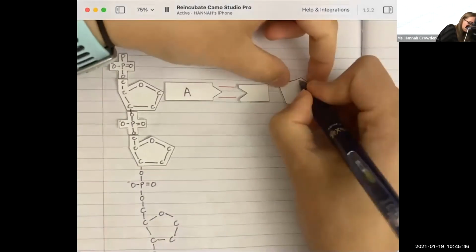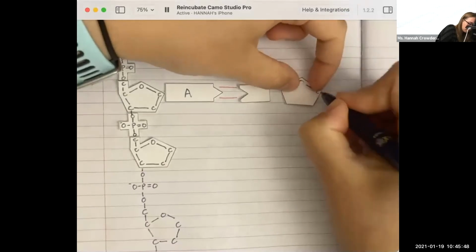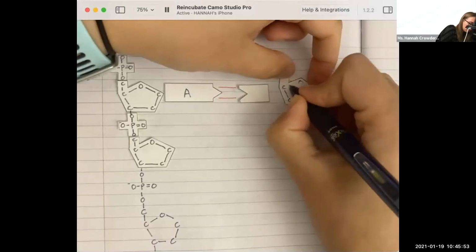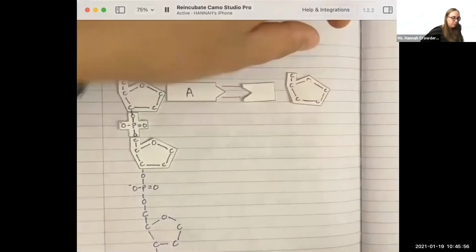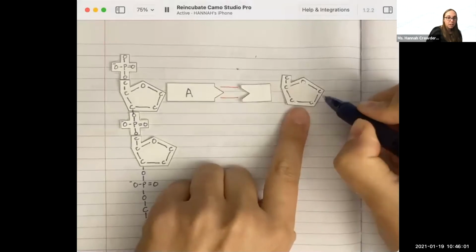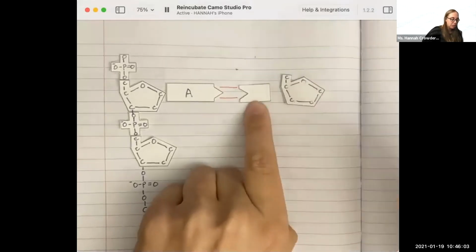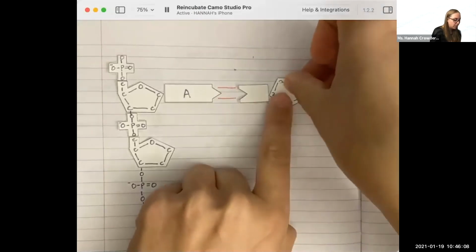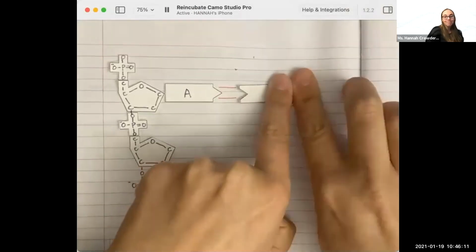So I've got oxygen, 1, 2, 3, 4, 5. This is carbon number 1. In order to make carbon number 1 attached to this base, I actually have to build this strand upside down.